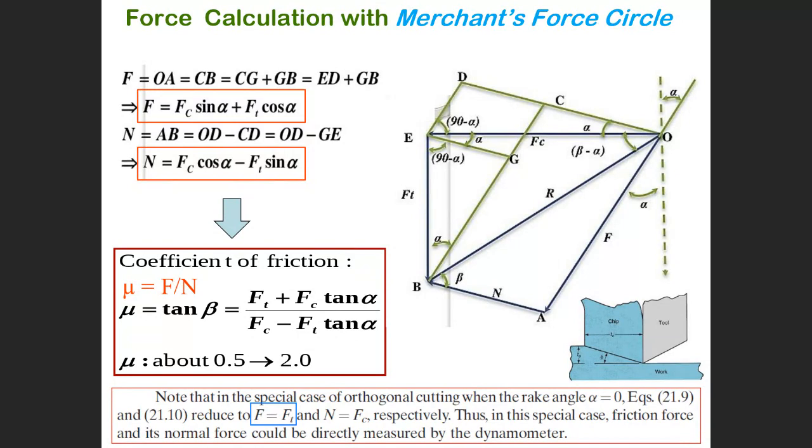Then in this case you can use the dynamometer directly to measure F and N. This is the only case, but generally we can use the dynamometer to measure Fc and Ft, and we can obtain F and N as a function of Fc and Ft as seen here in the two equations.